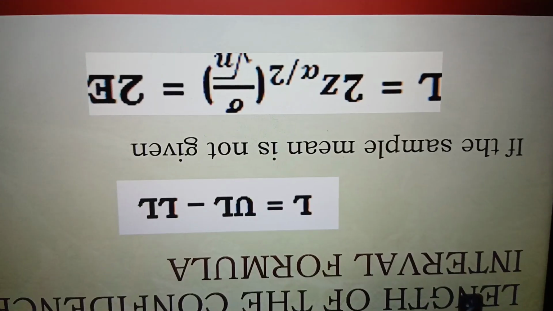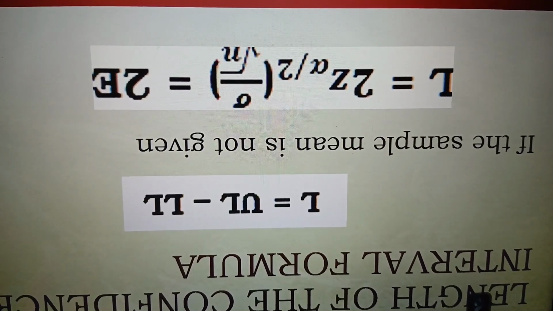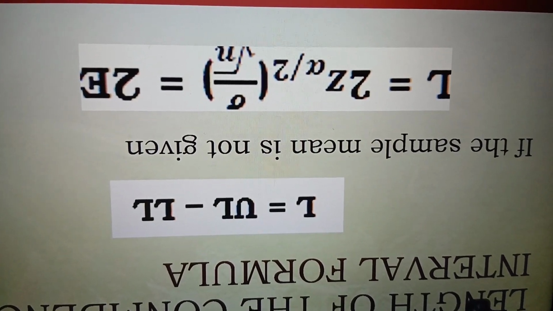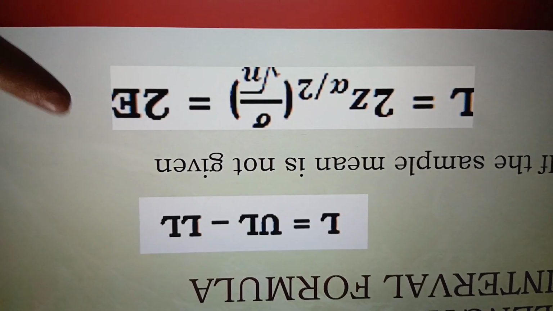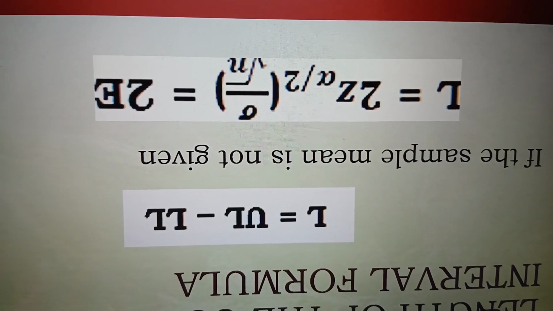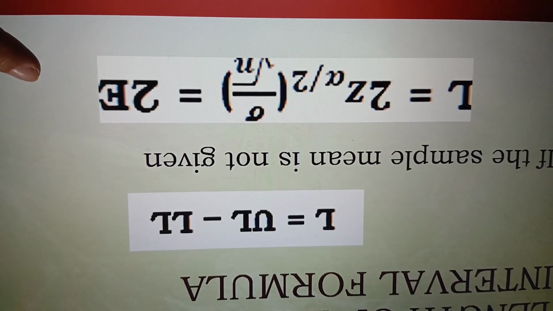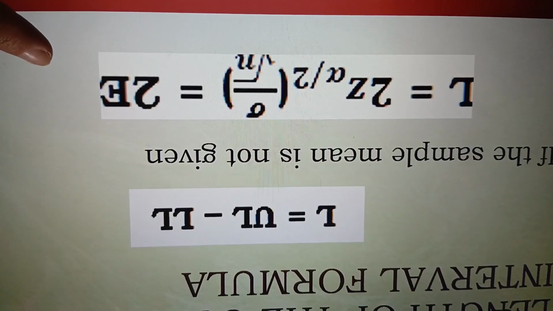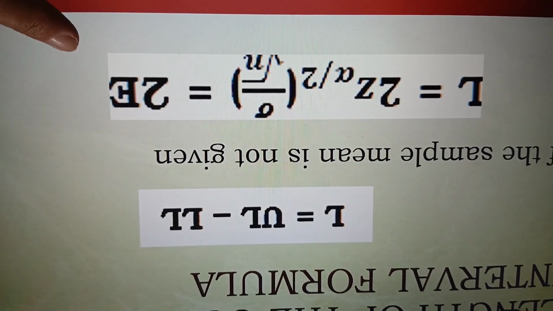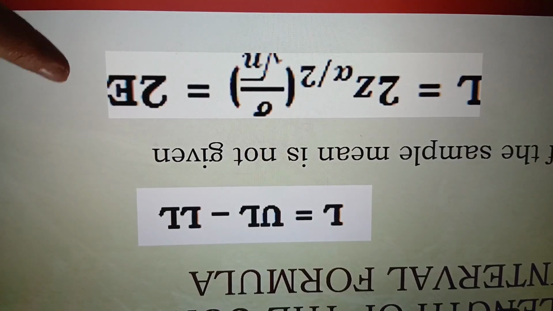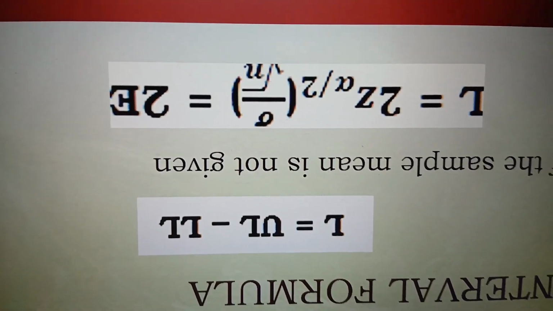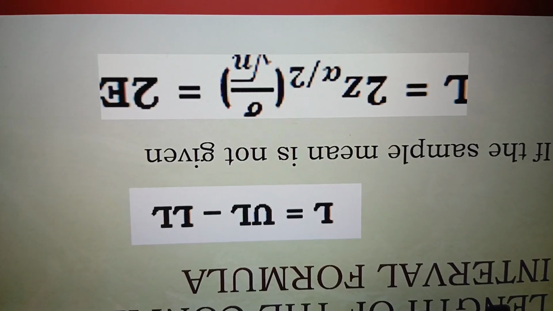If the sample mean is not given, we cannot use that formula. So for a shortcut, we can multiply twice the margin of error to get the length of the confidence interval.